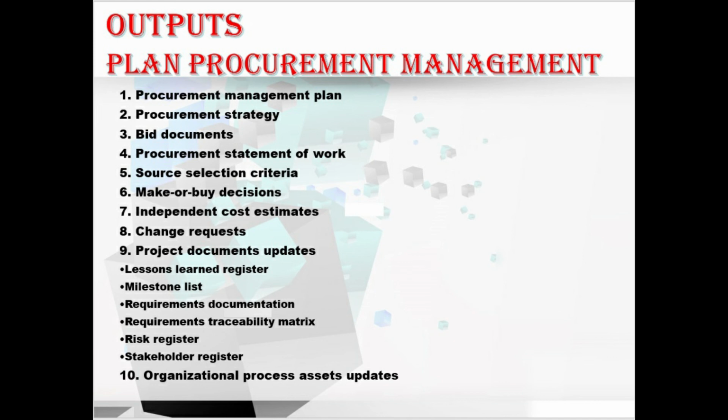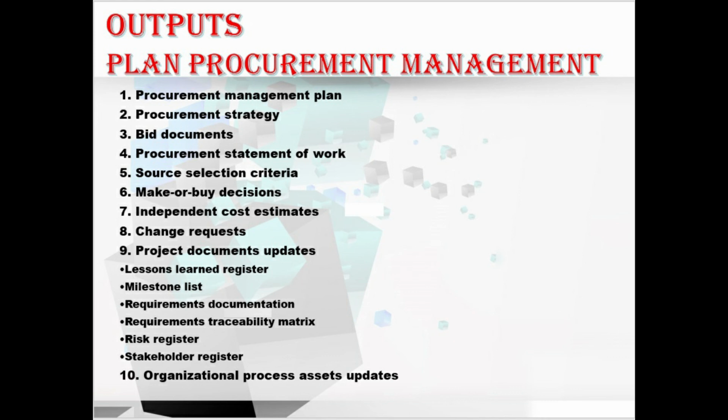Let's move to the next output, organizational process assets updates. The organizational process assets are updated as a result of the plan procurement management process that includes mainly the information on the qualified sellers. Okay, hope you understood about all the outputs of the plan procurement management.